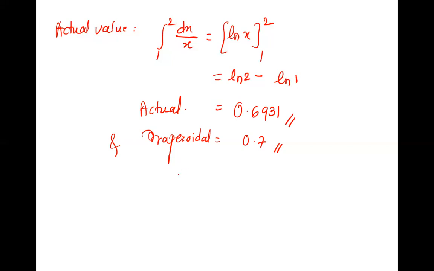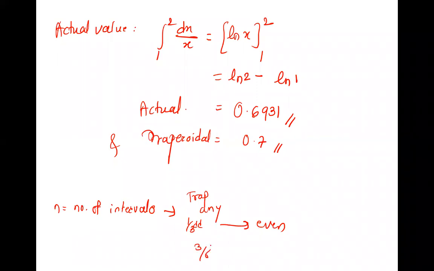Do you got this? Is there any doubt? So I cleared your doubts about the number of intervals. n is the number of intervals, and always remember for trapezoidal n can be anything. For Simpson's 1/3, it should be even, and for Simpson's 3/8, it should be a multiple of 3.